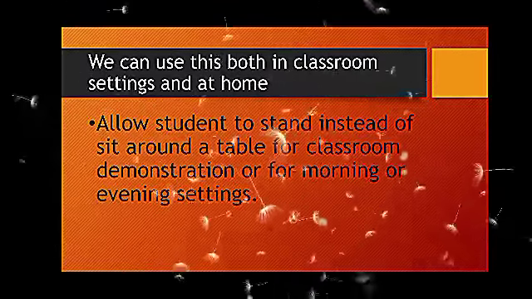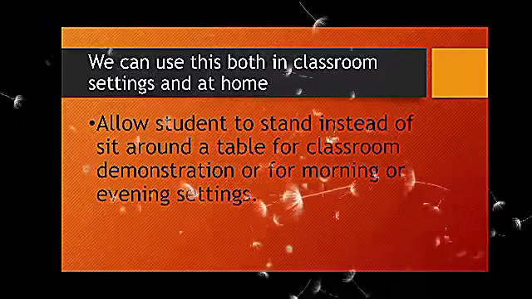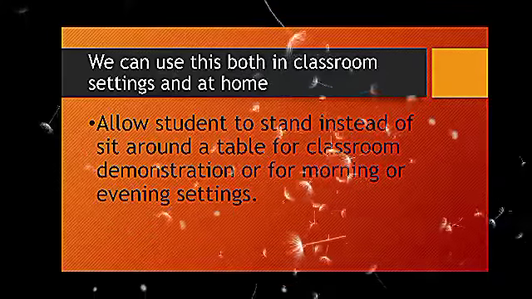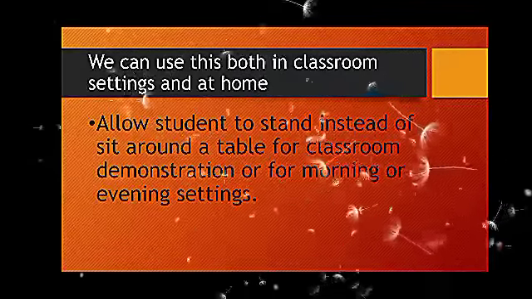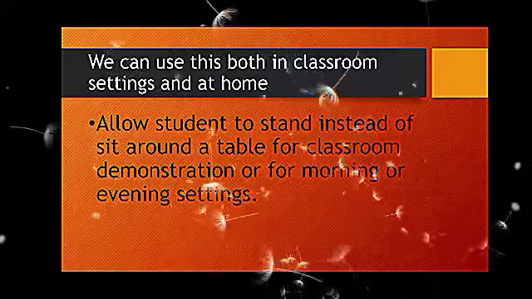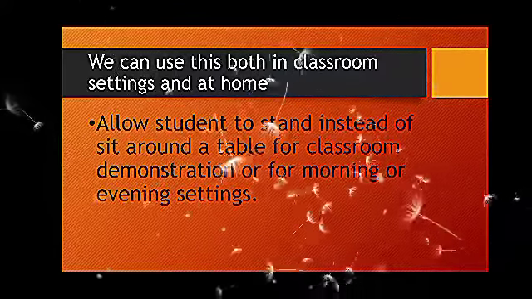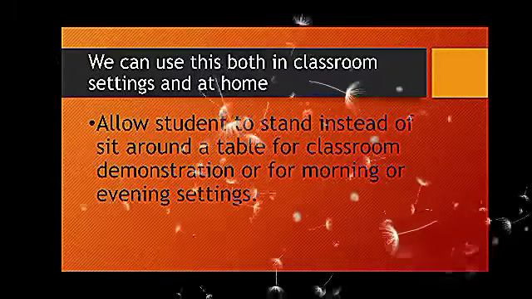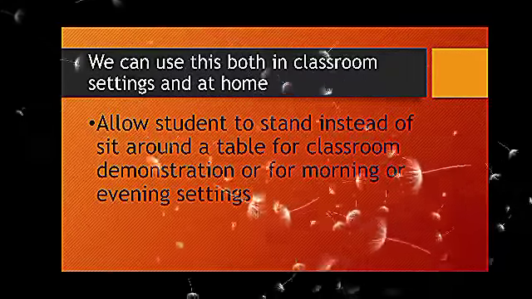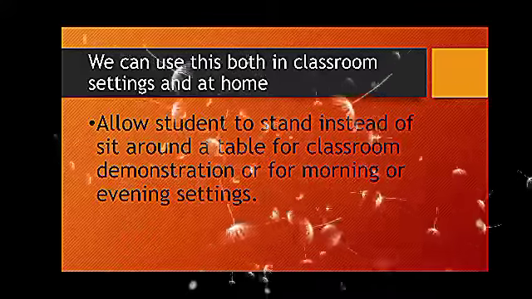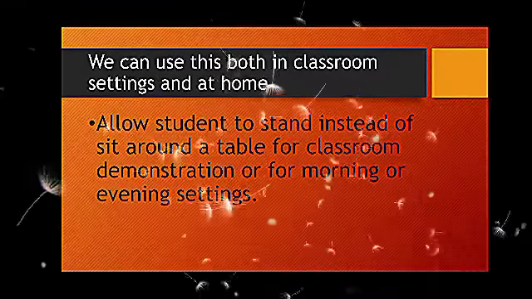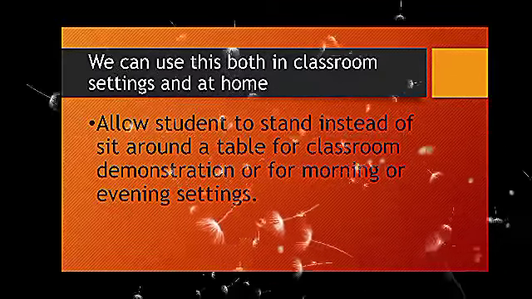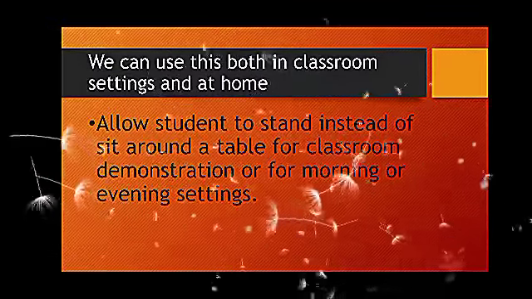So always make them sit, or sitting in a position, may be very difficult for them. So whenever we are doing a classroom demonstration, or an activity, or an explanation, we will always make them stand, we will always include them in this activity, always in a two-way manner.